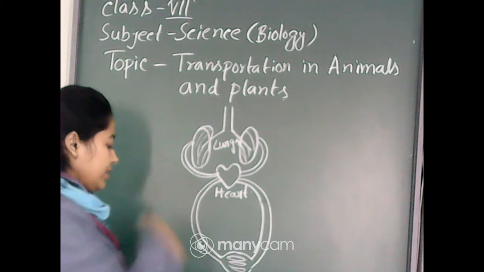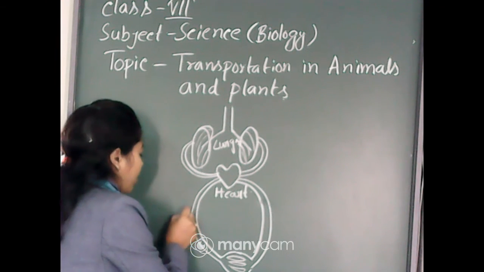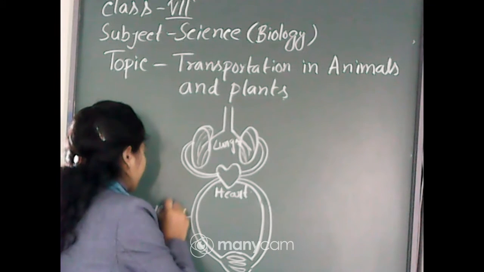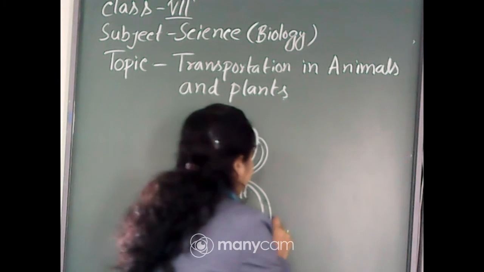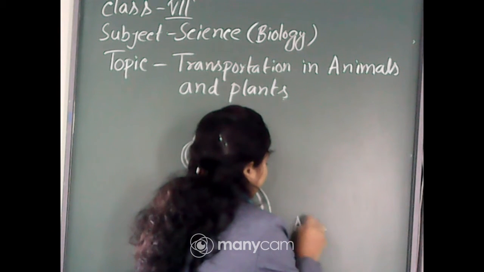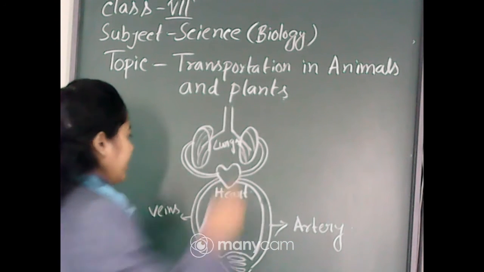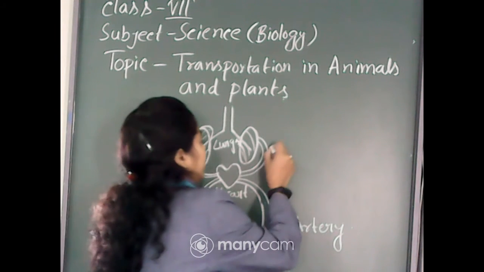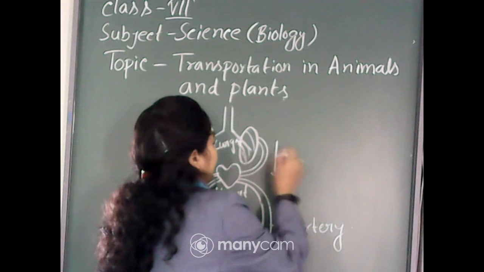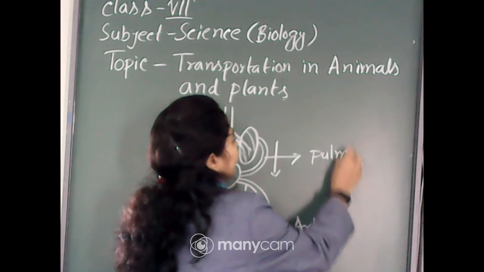Now on the left side, on the right side, this is called veins. Why it is called veins, I will tell. This blood vessel is known as artery on the right side, and on the right side this blood vessel is known as pulmonary vein.